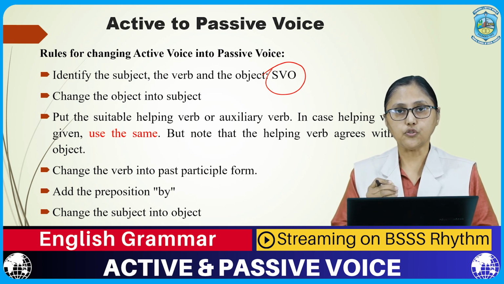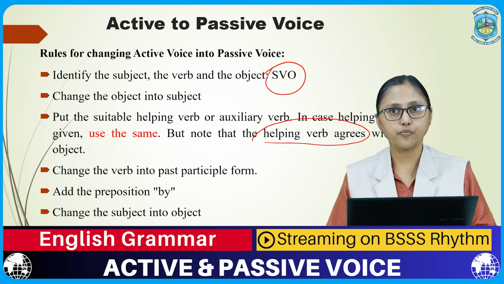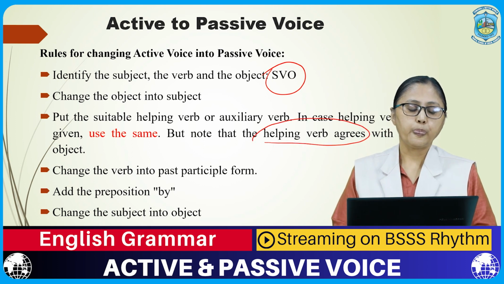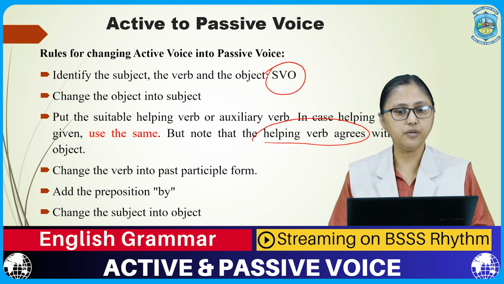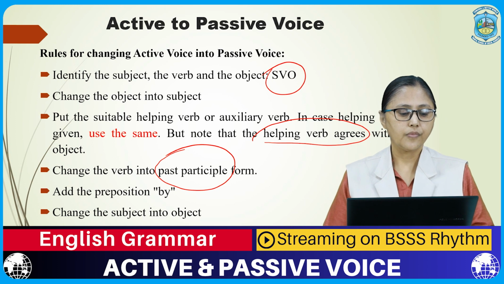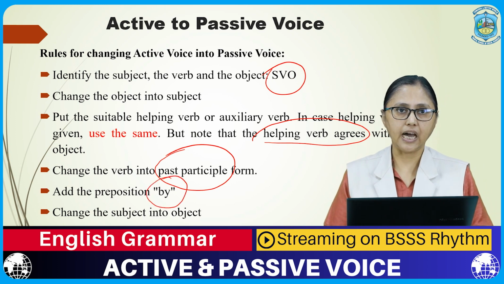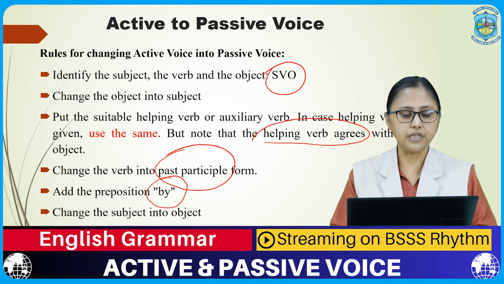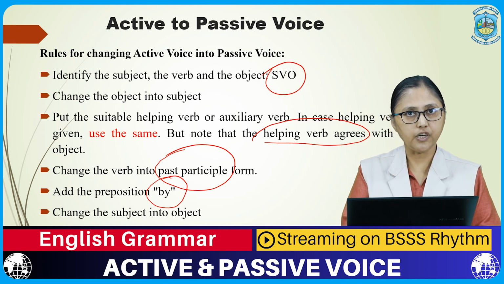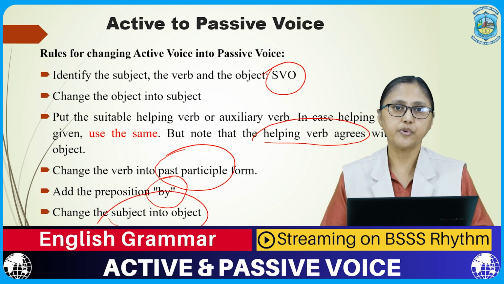But we have to also keep in mind that the helping verb should agree with the object selected. Then we change the main verb into its third form or past participle form. Then add preposition by and after by we will add the agent which is the subject of the active voice. Now, it becomes an object to the preposition.